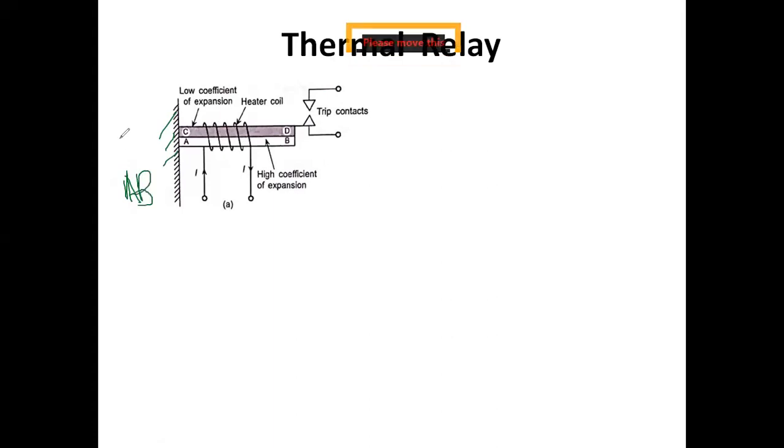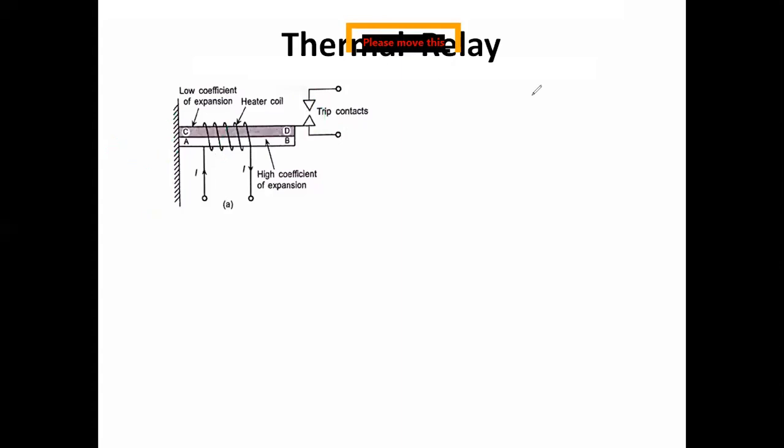Here we have an operating coil, which is also called the heater coil. These are the contacts of the relay: this one is the fixed contact, and the second one is called the moving contact. This movement is controlled by the bimetallic strip.